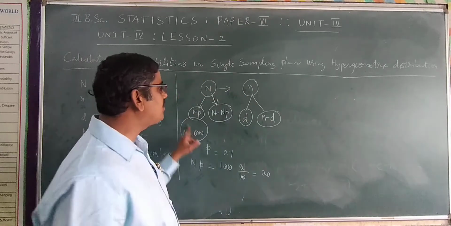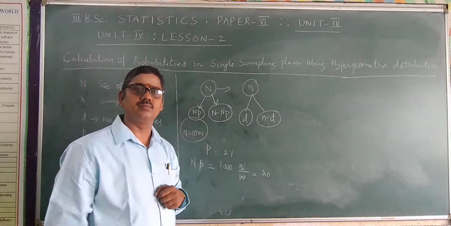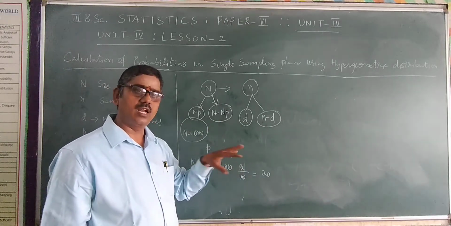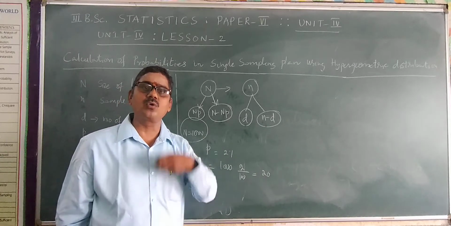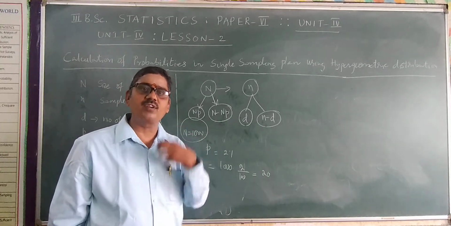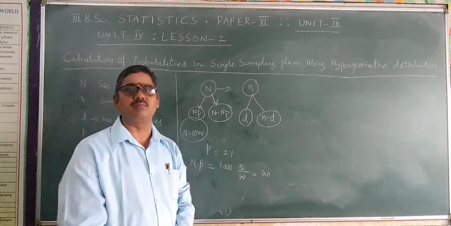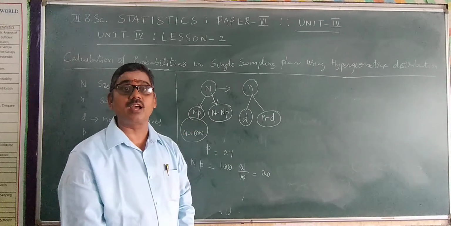Now, which kind of distribution can we observe to calculate the probability of defective items? In both cases, the defective items are one of the crucial points. If you want to calculate the probability of getting a defective item, that can be calculated by using the hypergeometric distribution. Why?